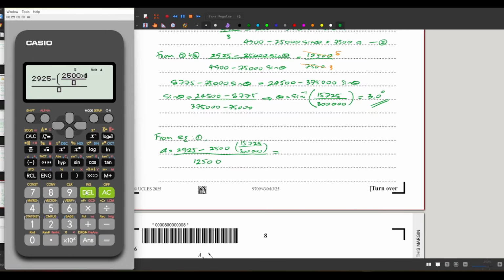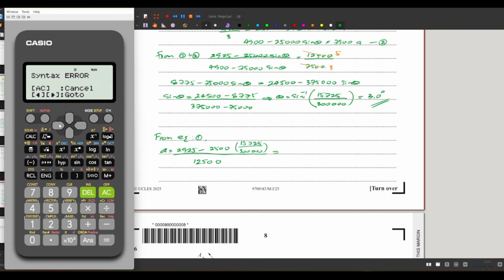So this 25,000 multiplied by this one, 15,725, and divide by 300,000. So close bracket, and then 12,500.